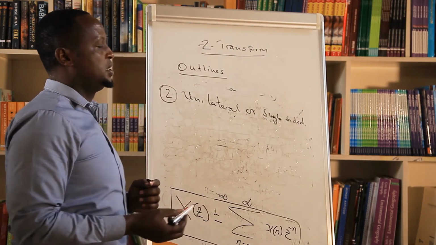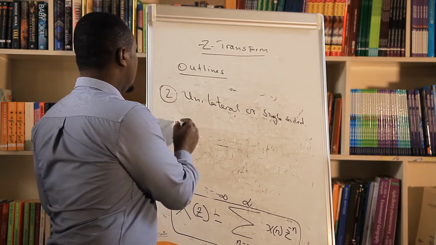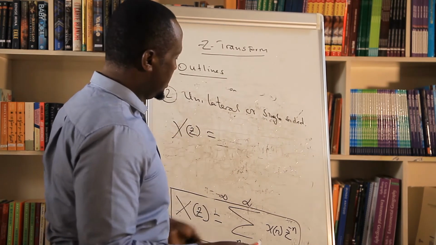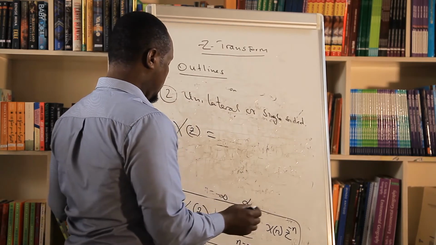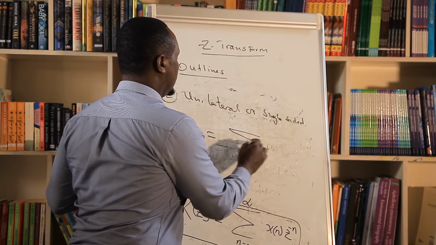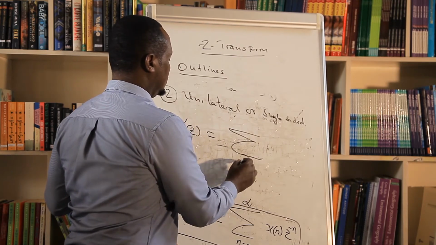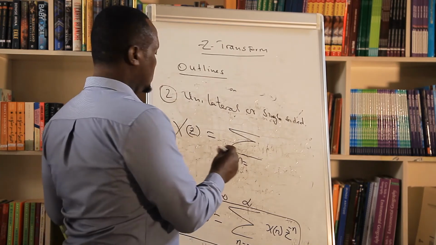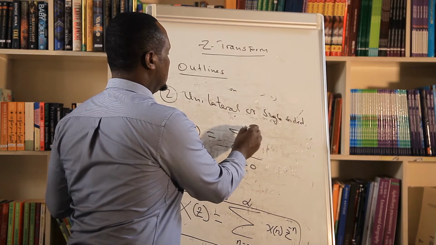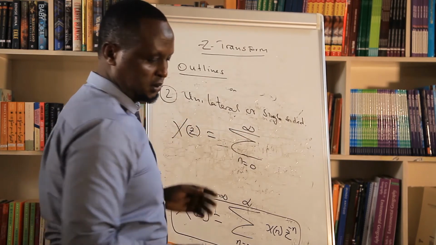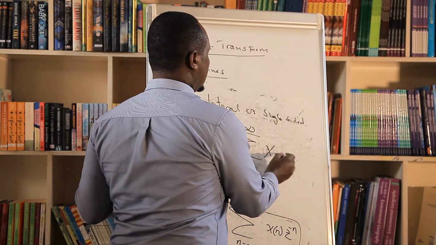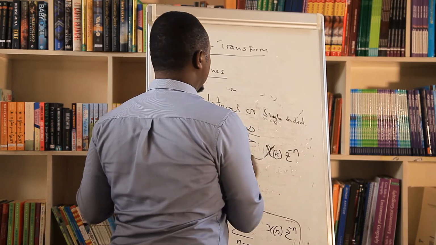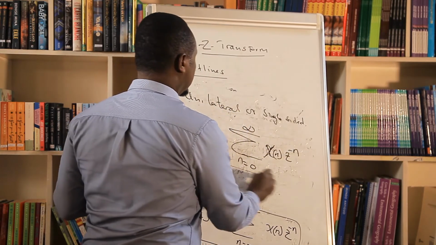Here it's going to begin from 0. So X of z is going to be, in general form, the summation from n equals 0 to infinity of small x of n times z power n. So this is the single-sided.